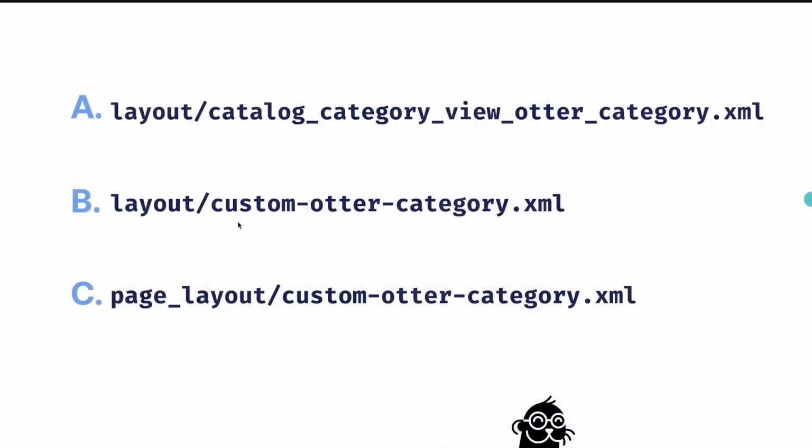So basically the way that would work is in another layout XML file, if we didn't want to keep repeating certain directives or whatever the case would be, we could add certain layout XML updates in that custom-otter-category file and then add that using the update handle directive, and then that update handle reference would be the custom-otter-category right there.